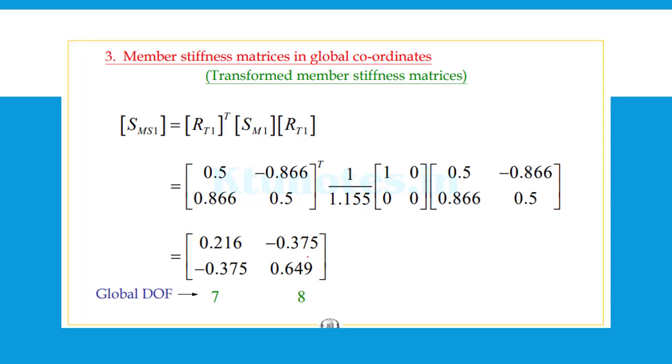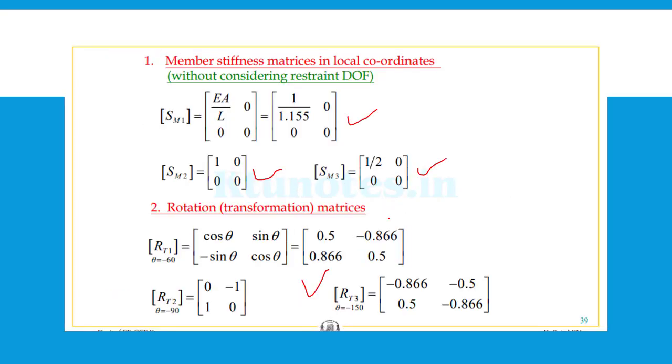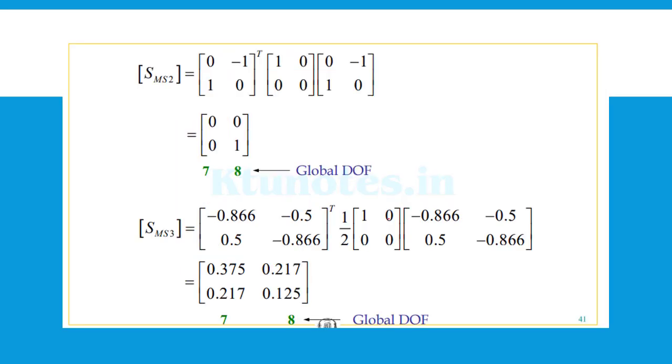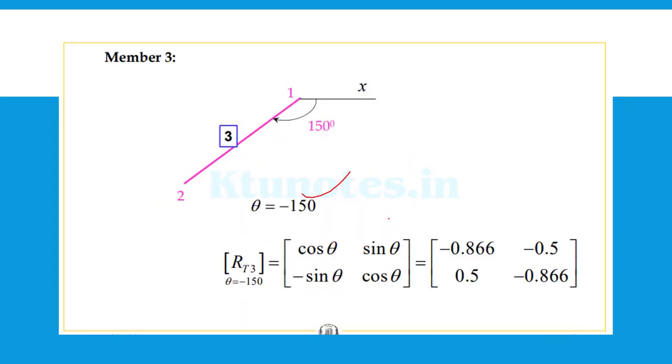So the transformed member stiffness matrix SMS1 is equal to RT1 transpose SM1 into RT1. This is about the first element, and for the second element you can find SMS2, and SMS3 for the third element. Then you can add for all.